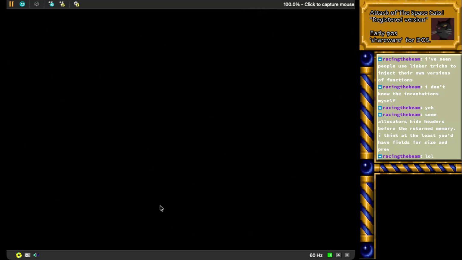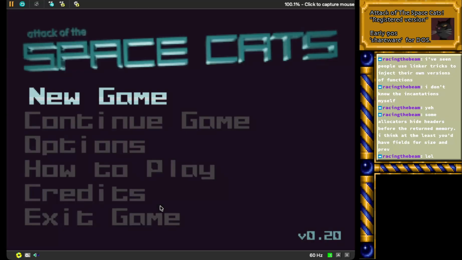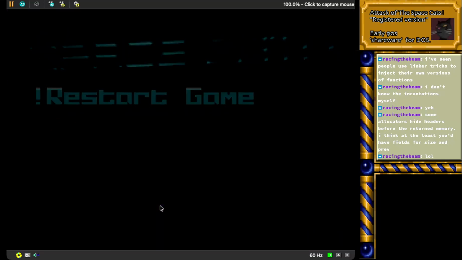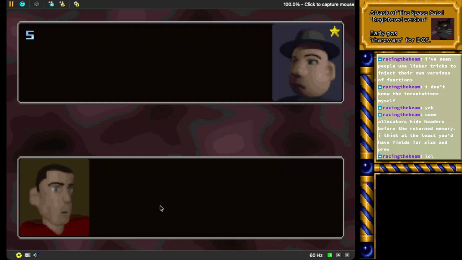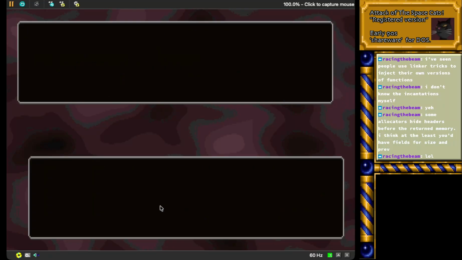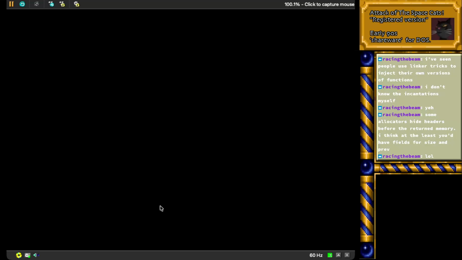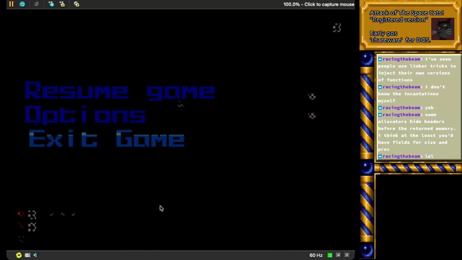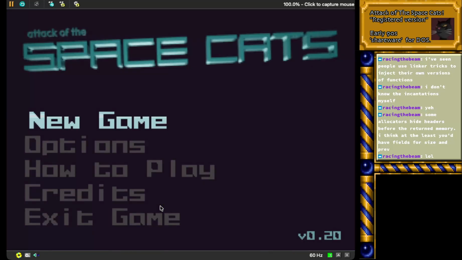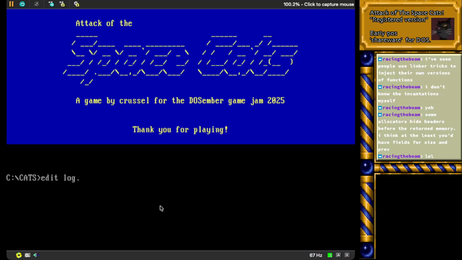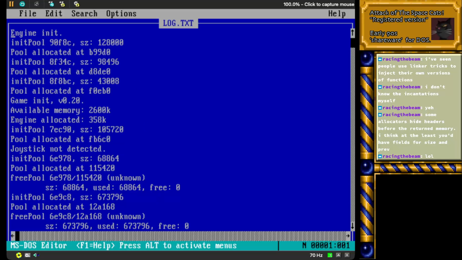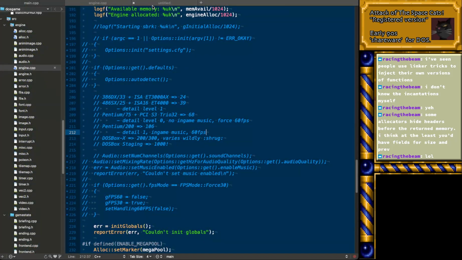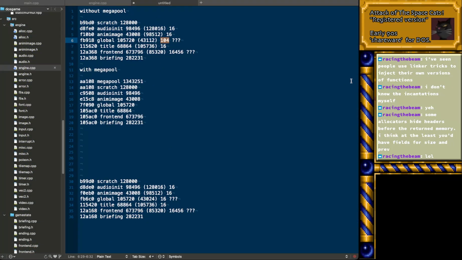It's not going to crash. So commenting out that code does mean all of our allocations are now 512 bytes earlier in memory, which is already interesting.